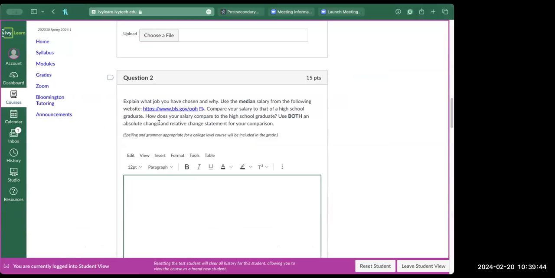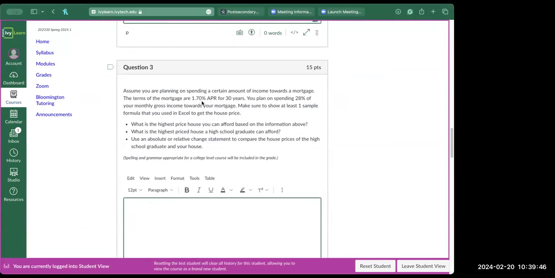Sorry for the flipping. 1.7, and the time is 30 years. So the loan would be PV, 1.7% divided by 12, 12 times 30 years, minus 28% of my monthly income. There it is. That's the size of the loan that this person could afford with those boundaries.